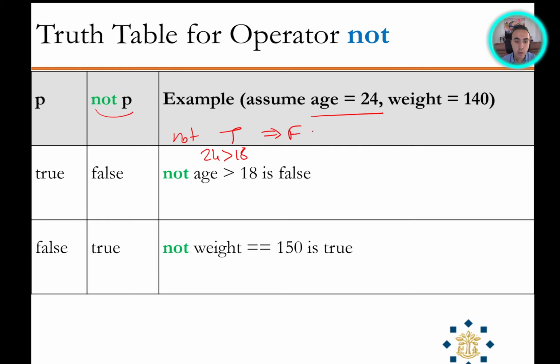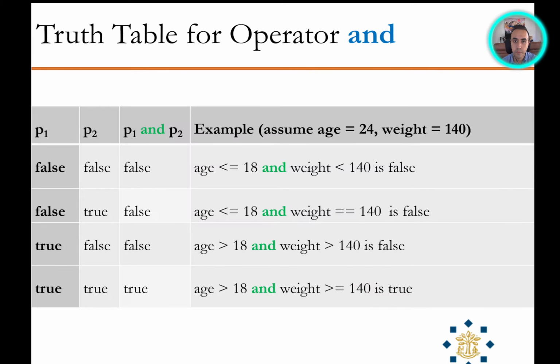Or if the proposition is false, for instance, let's say that the weight is 140 pounds. 140 is equal to 150? No, it's actually false. But we have not false, which makes it true. So the truth table for AND, here we are working again with age 24 and weight 140.